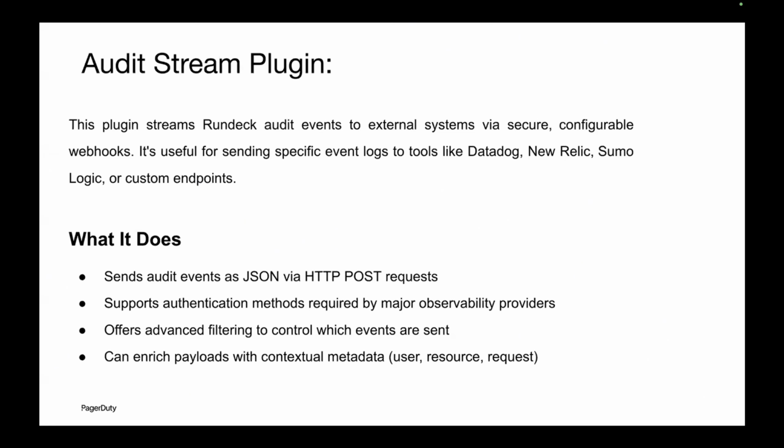With this, the audit stream plugin can send these actions, these activities from the platform directly to an endpoint, to a SIEM, to a data warehouse, wherever you like. And that will be on a set of key events.